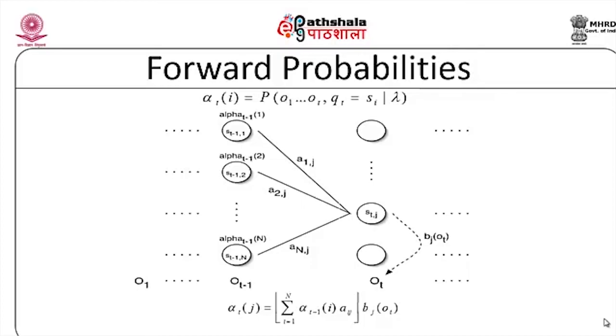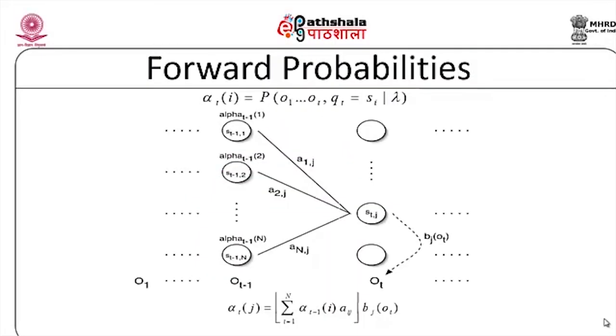I will explain what this means. The probability of being in state j at time t is the forward probability of having reached t minus 1 with state i, times the transition probability a_ij from i to j, times the emission probability at the jth state of Ot.